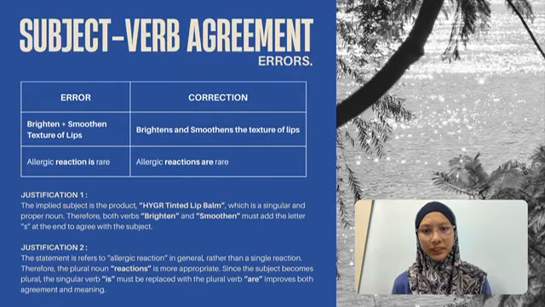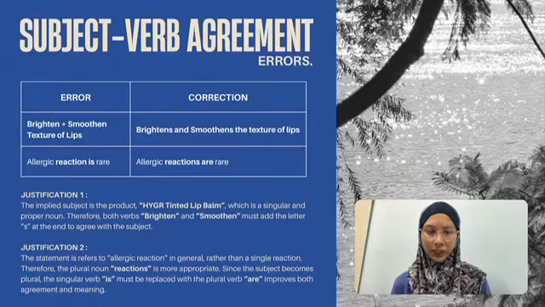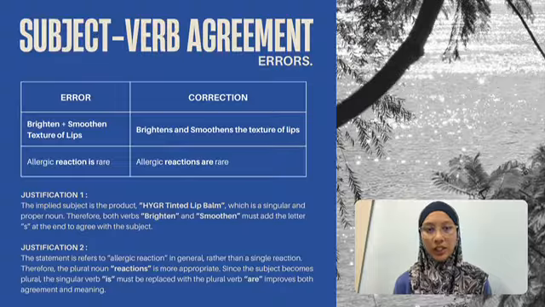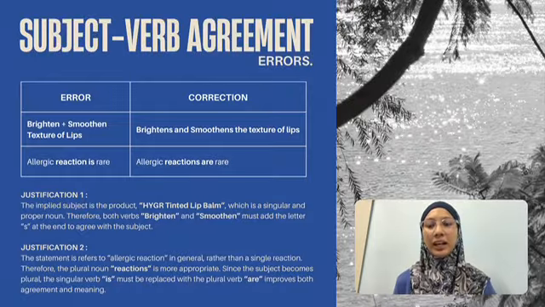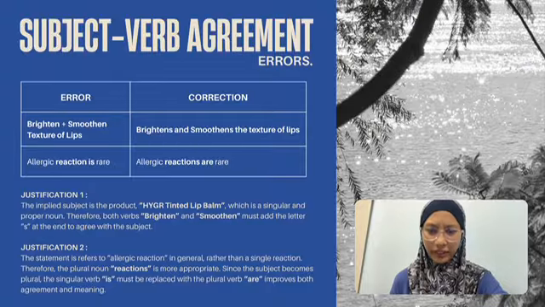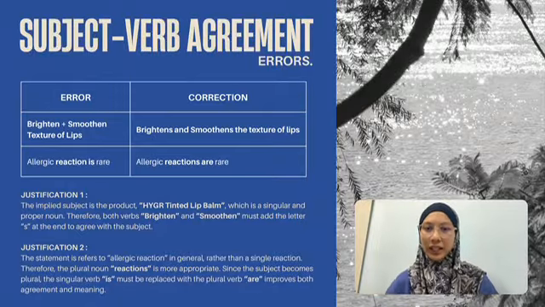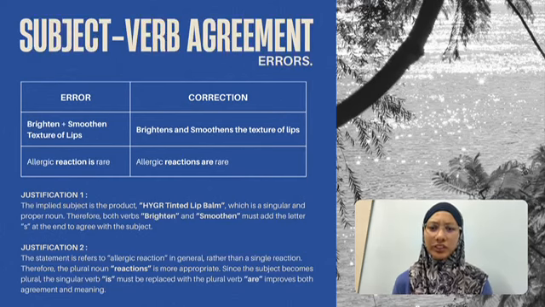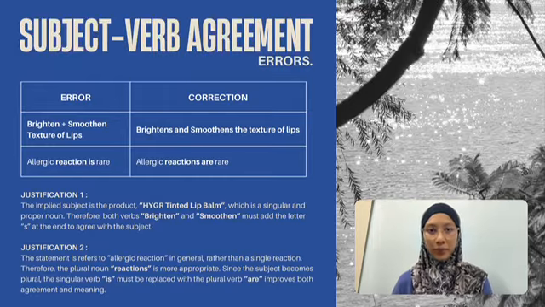Since the implied subject is the singular product, the verbs must also be singular by adding s. Another example is allergic reaction is rare, which we change to allergic reactions are rare. This is because the statement refers to reactions in general, so both the noun and the verb should be plural.